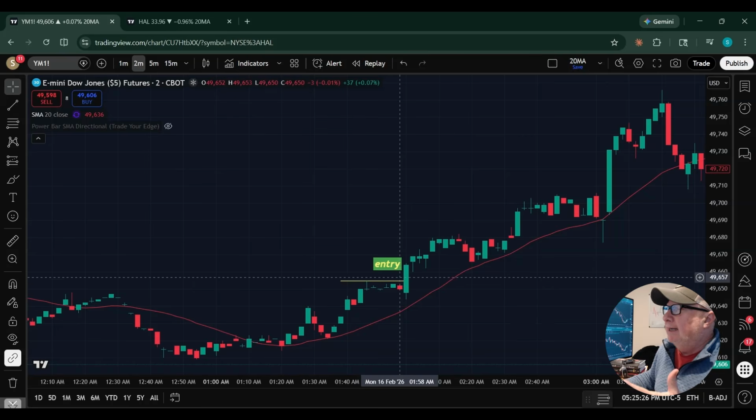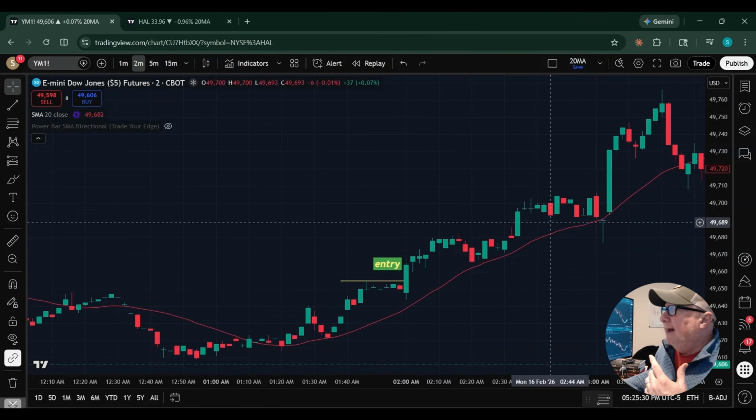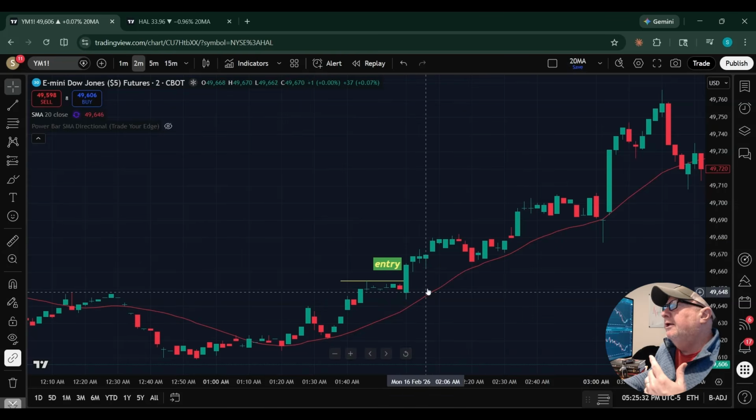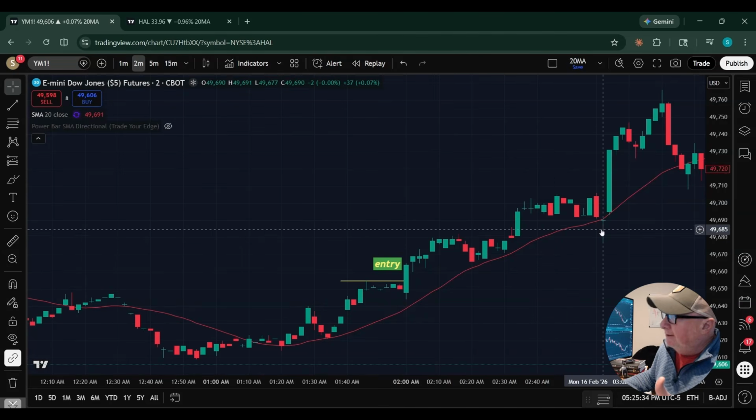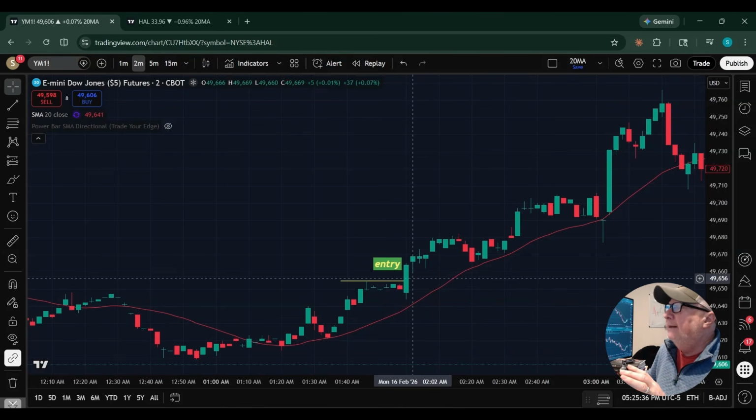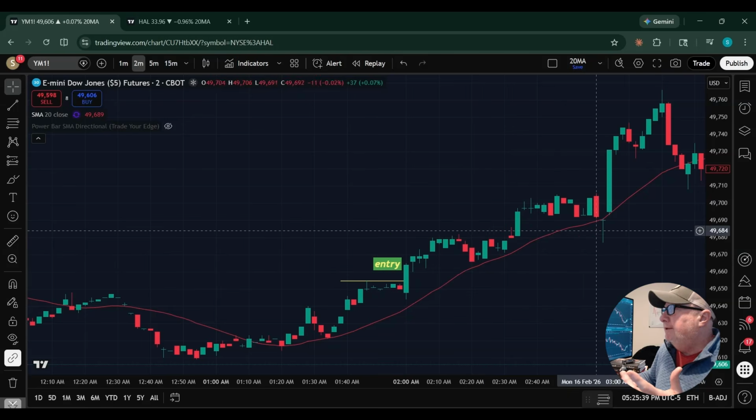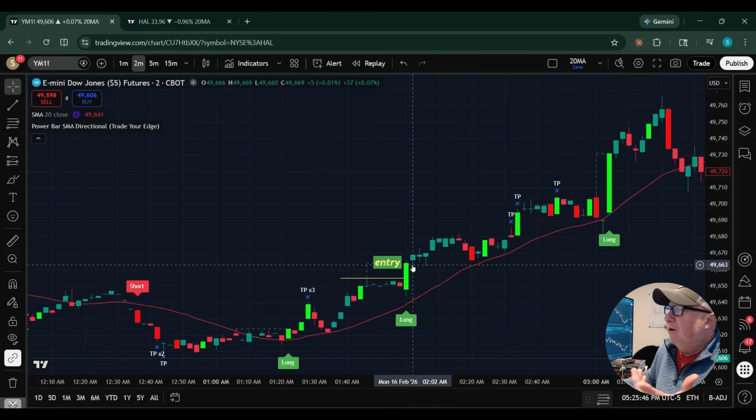But you can see the concept, right? It's playing out. The power bar, you get a really nice move higher. You get 3 waves if you're into Elliott waves, taking profit. 3 pushes, 1, 2, 3. And again, it just pops in on my indicator.